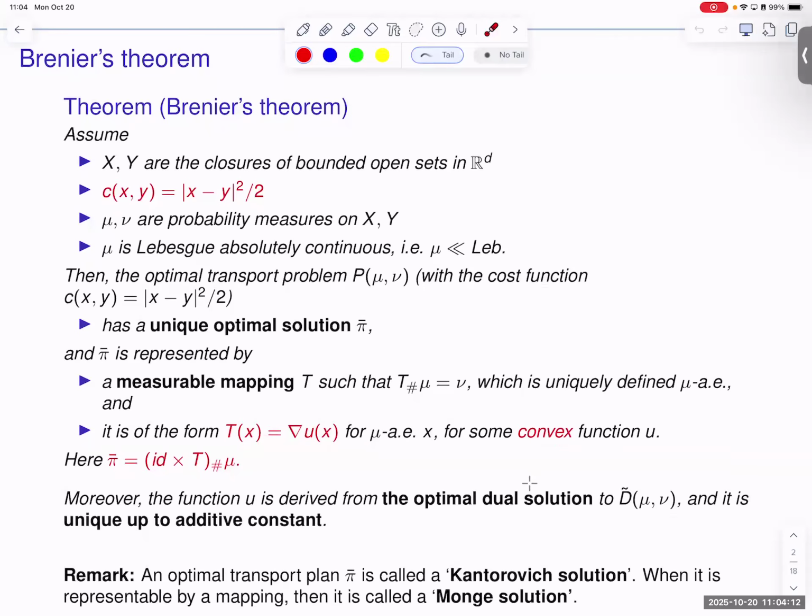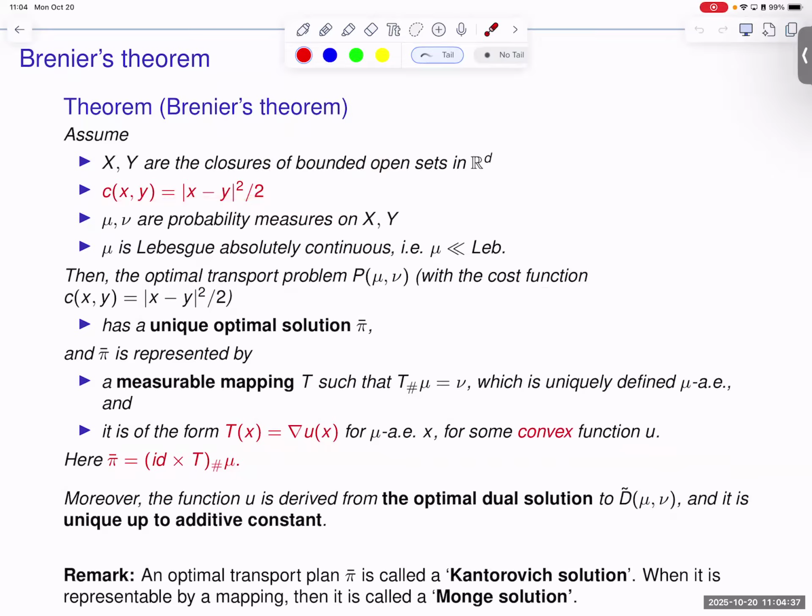Okay, what is Brenier theorem? So we are considering R^n as our underlying space. We have two sets, X and Y. For technicality, we just assume that X and Y are the closures of some bounded open set. Here, the boundedness is important for us. There's some kind of compact set. And then the cost function is the distance squared.